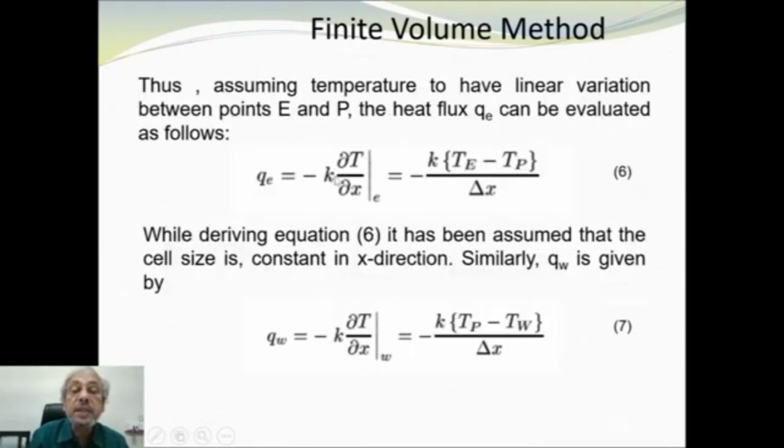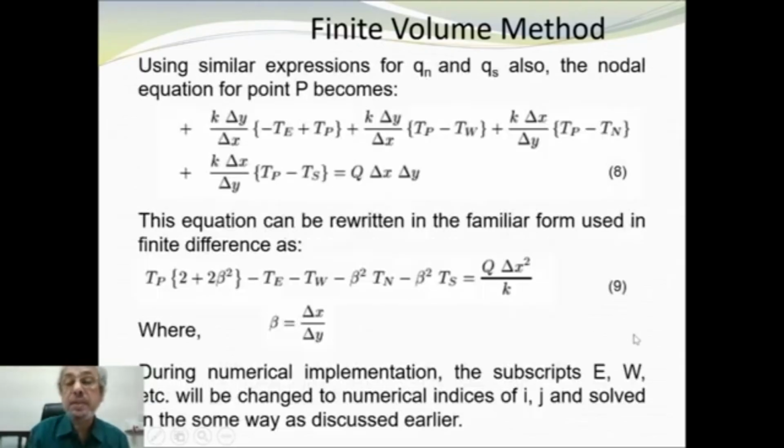QE equals minus K del T del X at the small e point, which is minus K (TE minus TP) divided by delta X. While deriving equation 6, it has been assumed that the cell size is constant in the X direction. Similarly, QW is given by minus K del T del X, so this will be minus K (TP minus TW) divided by delta X, equation 7.